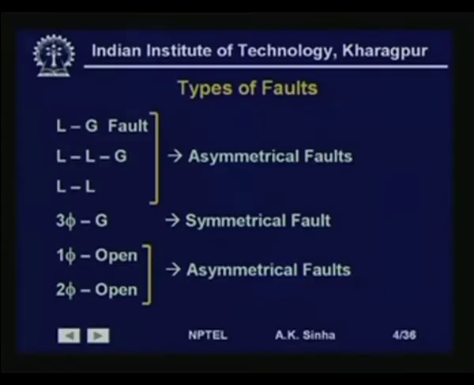Therefore, to arrange for the settings of these protective equipment, that is the relay settings and the circuit breaker ratings, we need to compute the fault currents in the system in the event of these faults.